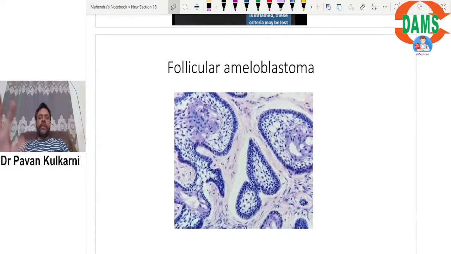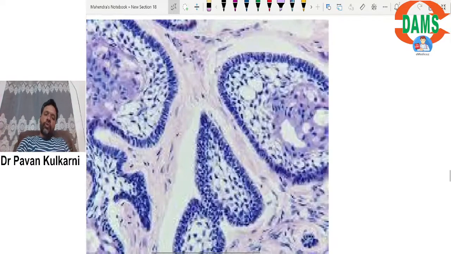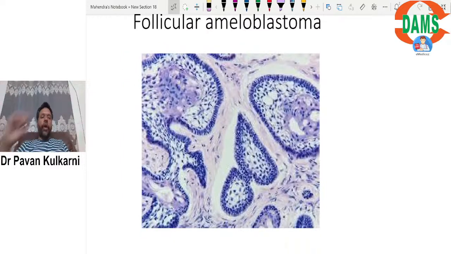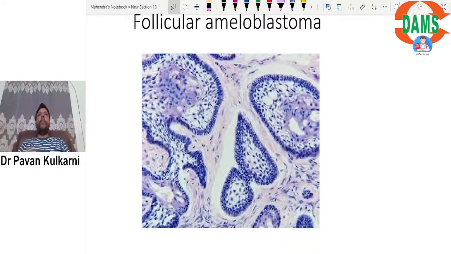Now, this is a follicular ameloblastoma. Obviously, we are going to see the Vickers-Gorlin criteria here. If I zoom in, you can see all those criteria: ameloblast-like cells which are tall columnar, palisading, vacuolization, all those things. Classically, you have to remember this image.